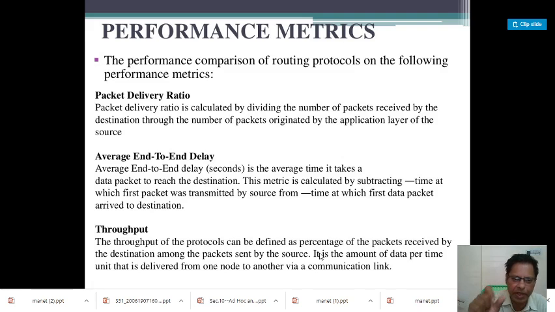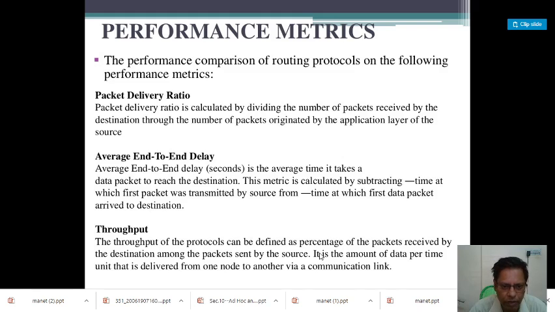It means the packet is transmitting from source to destination, and it is reaching. Okay, first packet, calculated by subtracting the time at which the first packet was transmitted by the source from the time at which the first data packet was received at the destination. Throughput is nothing but the packets transmitting from the source to destination.